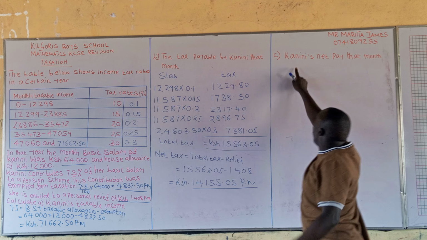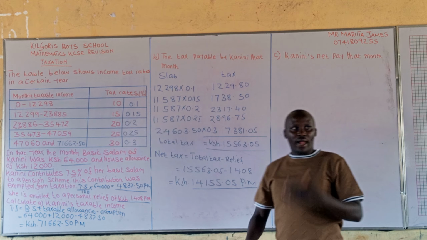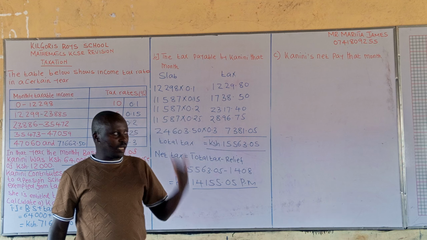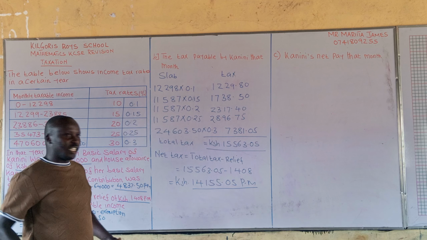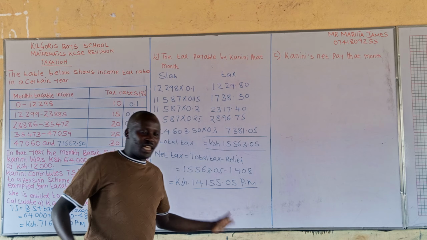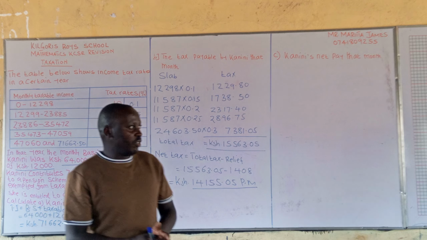Then part C, we are supposed to calculate Kanini's net pay that month. The net pay is after the tax has been taken and any other deductions if there are any.